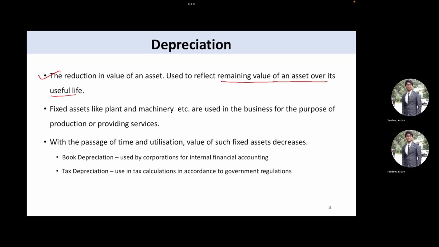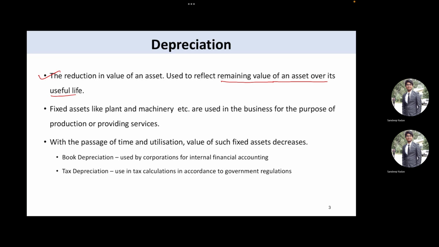Suppose you have purchased a new laptop, but you have not used it over 5 years, it is untouched or unboxed, but its value is still getting depreciated by time. So with respect to time, if the value of that product is decreasing, that is because of depreciation.